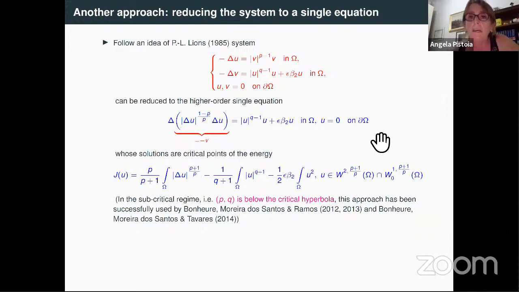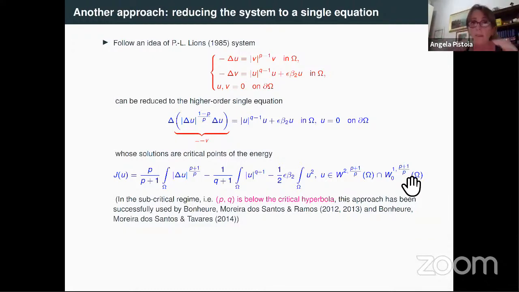J of u, and u belongs to the space W^{2,(p+1)/p}(Omega) intersection with W_0^{1,(p+1)/p}. And so if I want to find a solution to the system, it is enough to find a critical point of this energy. In the subcritical regime, when p and q are below the critical hyperbola, this approach has been used by Denis Bonheure, Ederson Moreira dos Santos, Miguel Ramos, and Hugo Tavares in some recent papers.